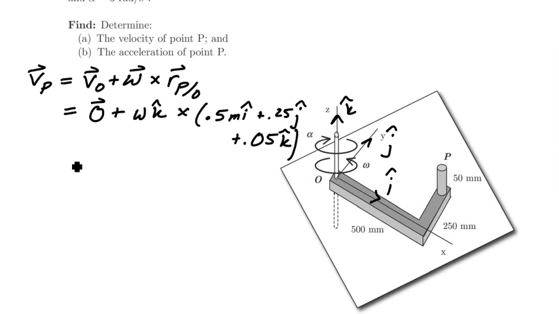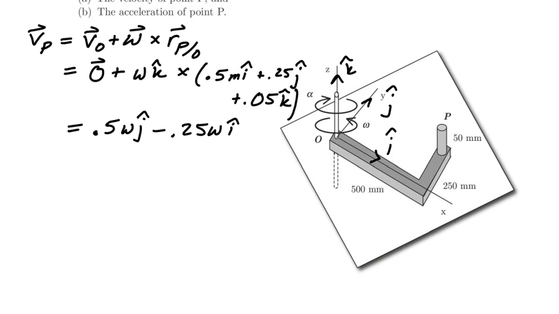Now I simply need to do this cross product. K cross i gives j, so I'll have 0.5 omega in the j. K cross j gives minus i, so I'll have minus 0.25 omega in the i, and k cross k is 0. You can leave omega as a variable or plug in the number. So indeed this is the velocity associated with point P.